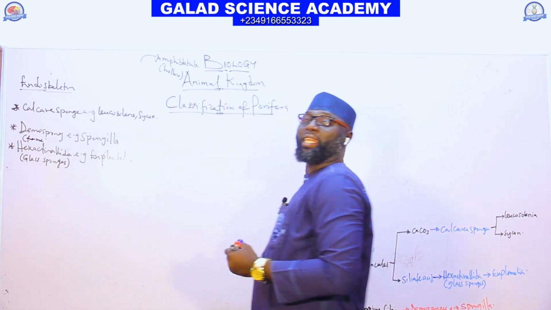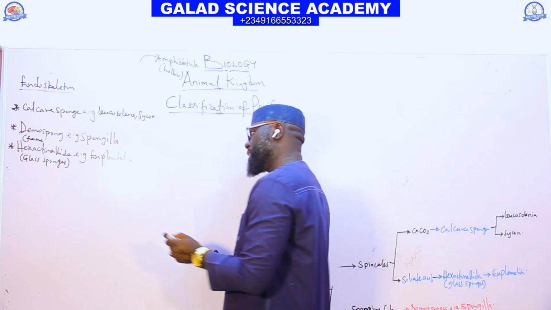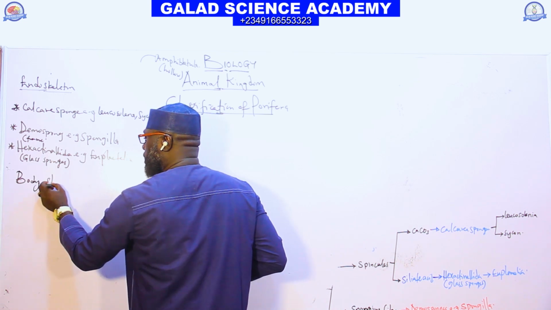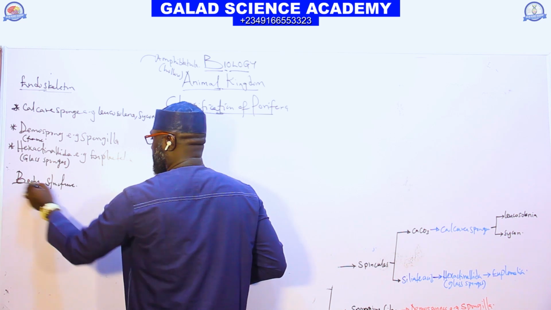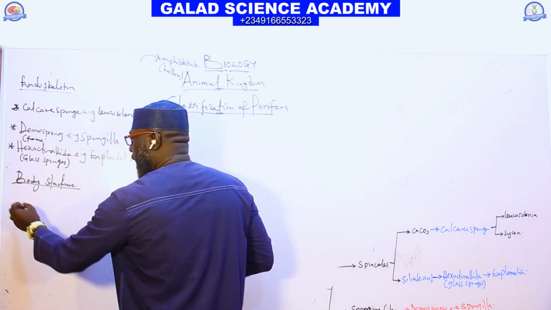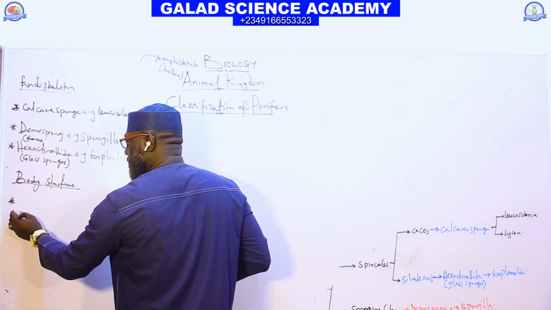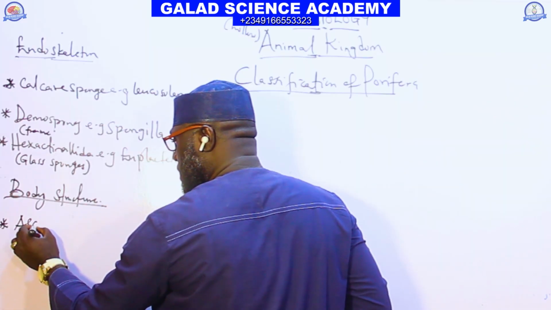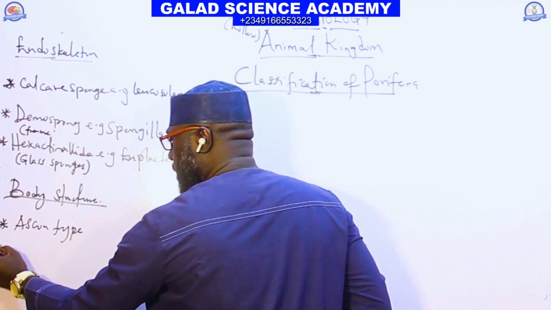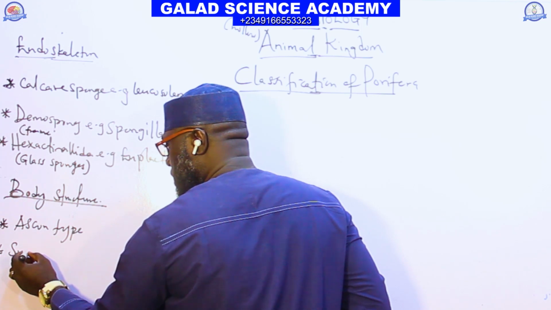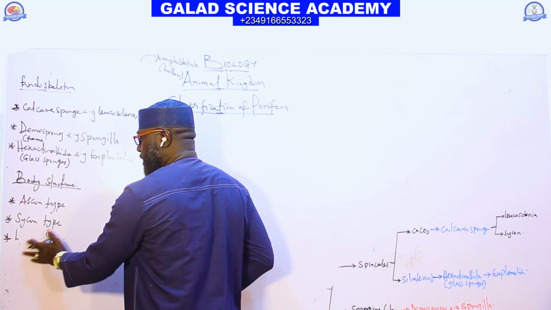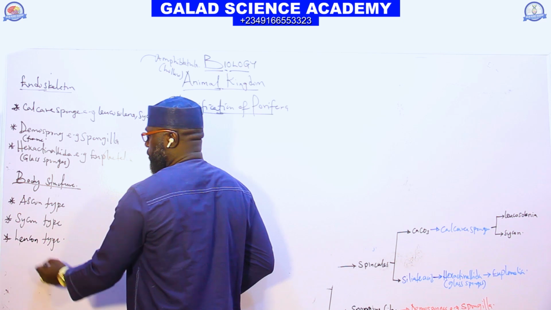sponge. And in terms of body structure, the sponges can be grouped into three. We have what we call Ascon type, we have what we call Sycon type, and we have what we call Leucon type.